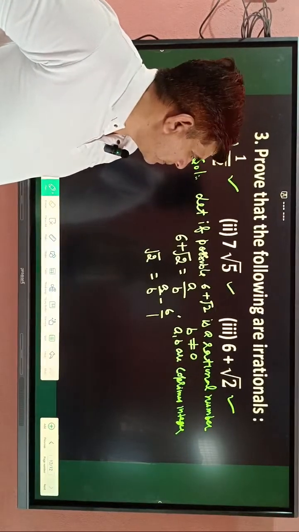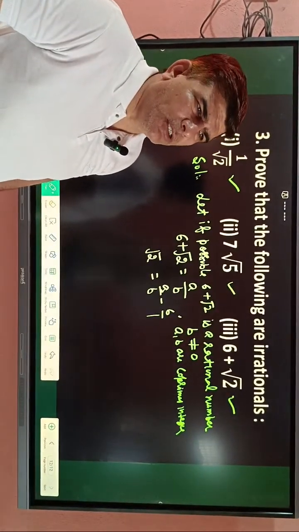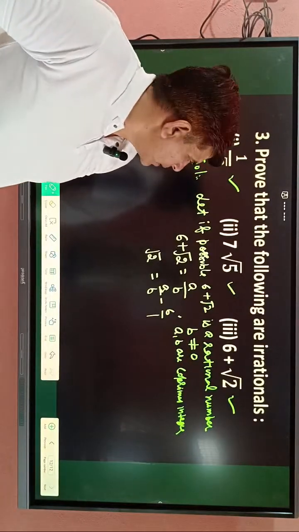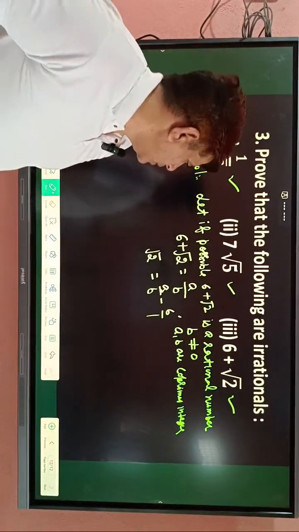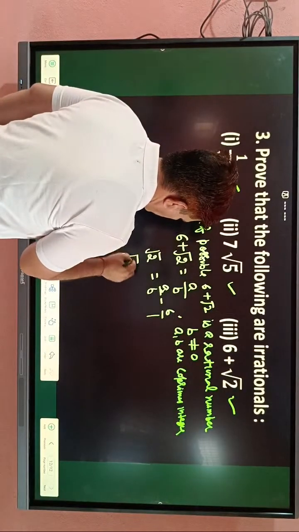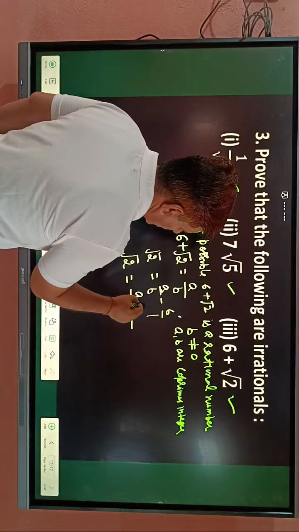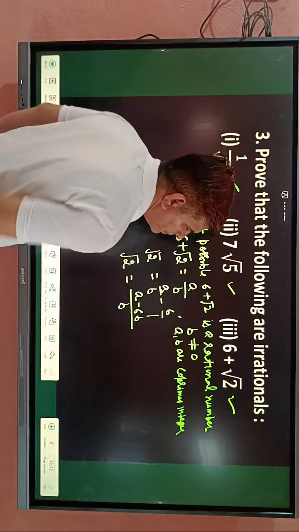Transform from left hand side to right hand side, its sign changes. If it is a plus, then it becomes minus. If in multiplication, then it goes to division. Under root 2 equal to a minus 6b by b, where b is the LCM.